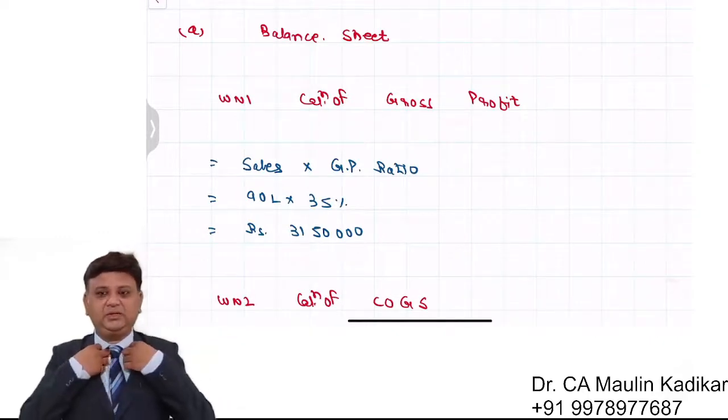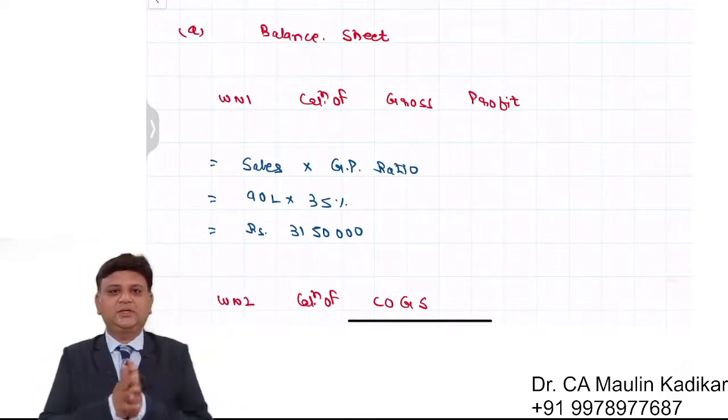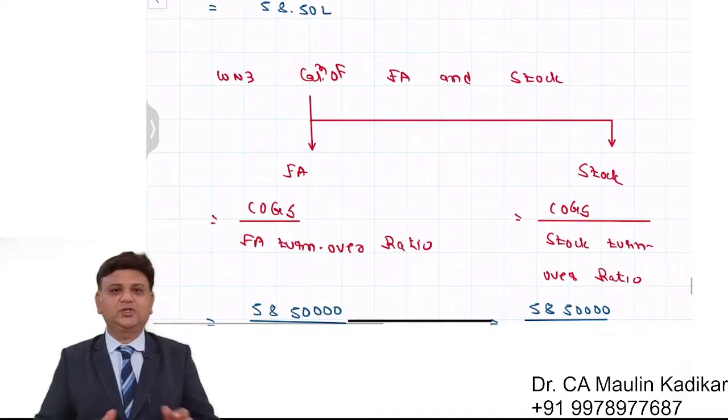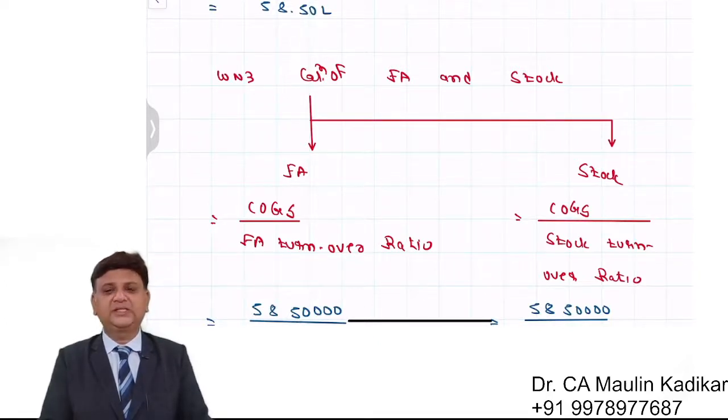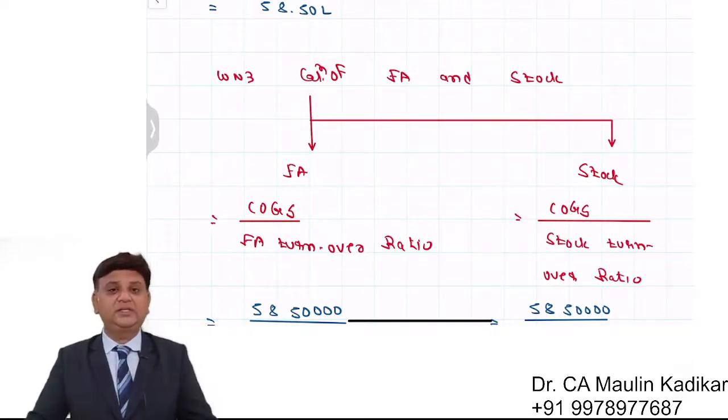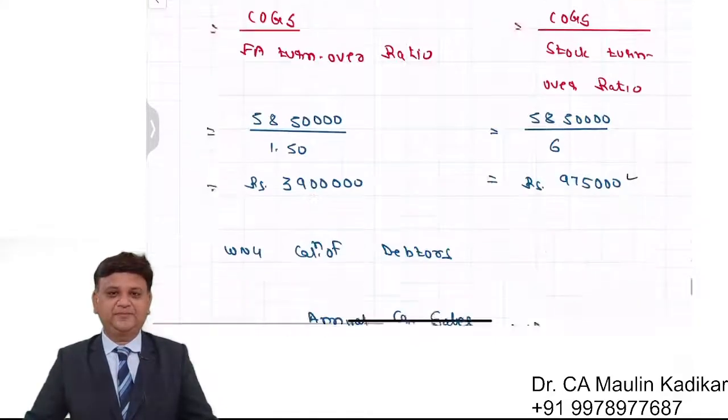Revising the entire question. In the first working note, we have calculated GP, COGS. Based on that, the fixed asset and stock. There was an important point which I told you. For the purpose of calculation of the fixed asset, we have to take COGS because it has been given to us in the question. Otherwise, generally we will take the sales.